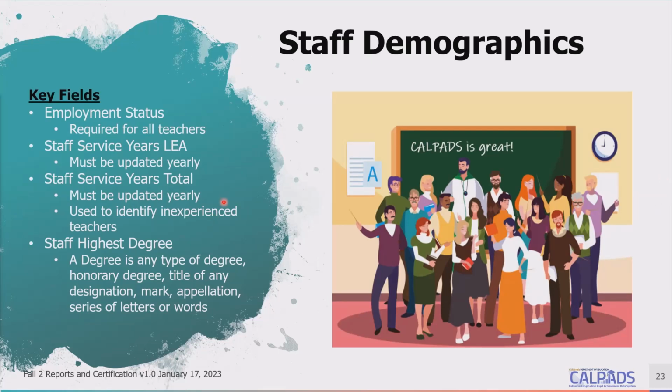CalPADS does not automatically add an increment of a year every time you submit a staff demographic record in CalPADS every fall 2. You have to manually add those years in your SIS and submit it to CalPADS. Then, of course, you have your staff highest degree, which determines their abilities in terms of the degree or honorary degree that they have acquired.